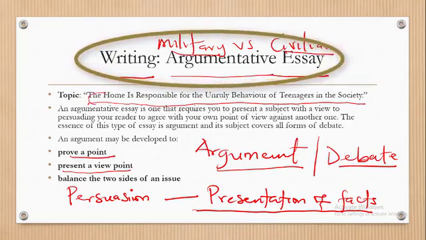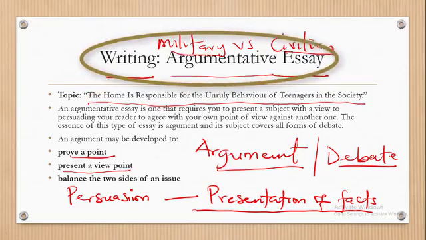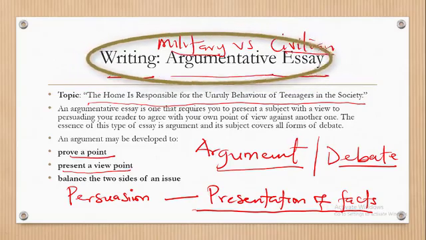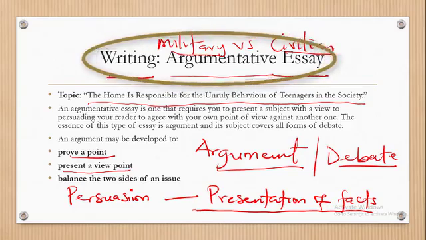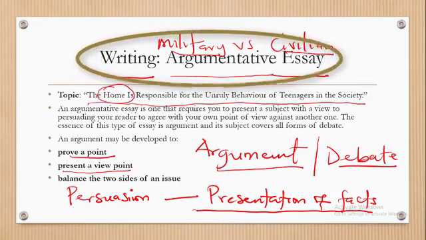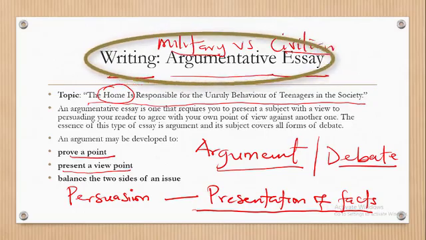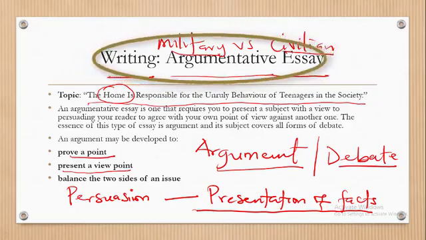We mean your home could cut across your dad, your mom, that's your father, your mother, and even your elder siblings, or we could also mean your extended family. So who is responsible for the unruly behavior, that is, the rude behavior that is prevalent among teenagers today in the society? That's an example of what you call an argumentative essay.